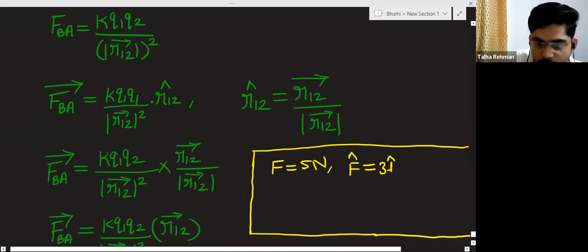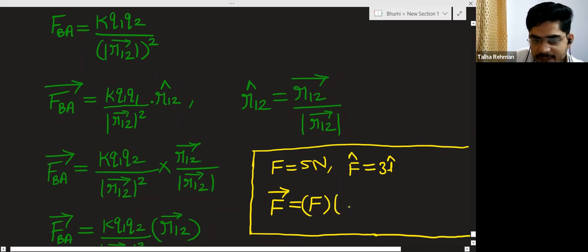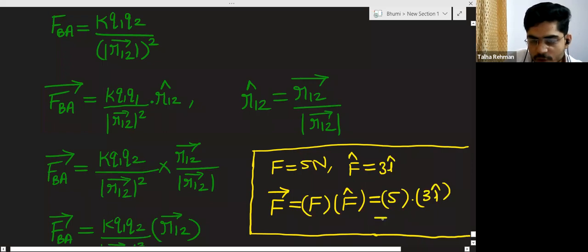If I want to write this F in vector form, I will write first the magnitude of force F and multiply this with the unit vector. So I can write 5 multiplied by 3 i cap. So the force in vector form can be written as 15 i cap.